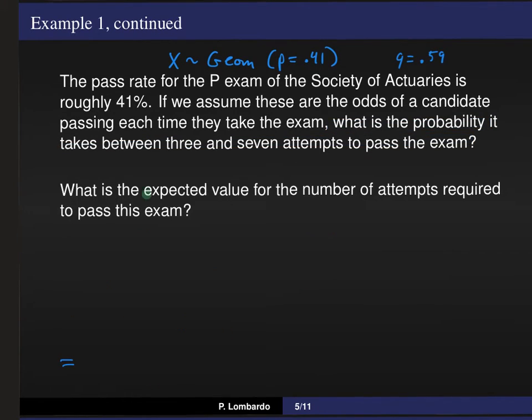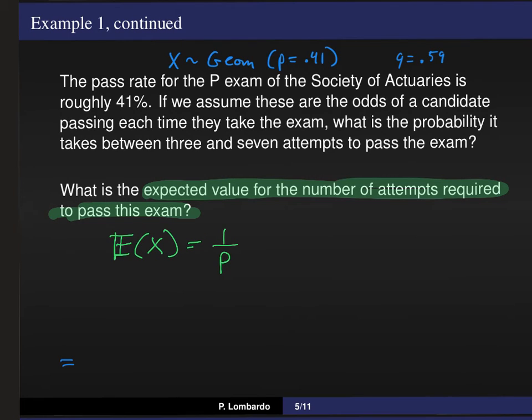Now our follow-up question asks for the expected value for the number of attempts required to pass this exam. Based on our formulas, this is pretty straightforward, right? Because we know the expected value of the geometric random variable is equal to 1 over p.